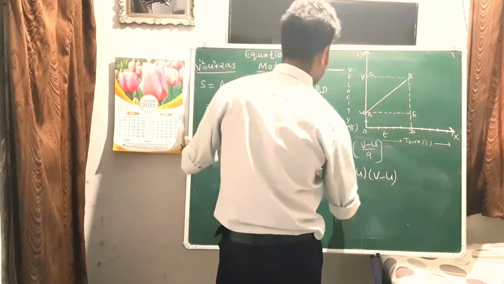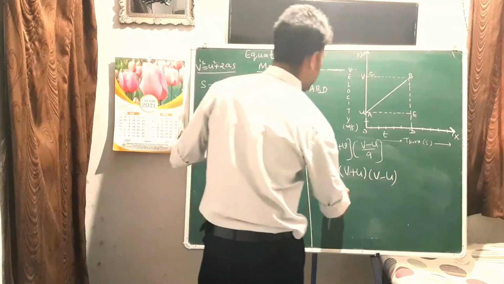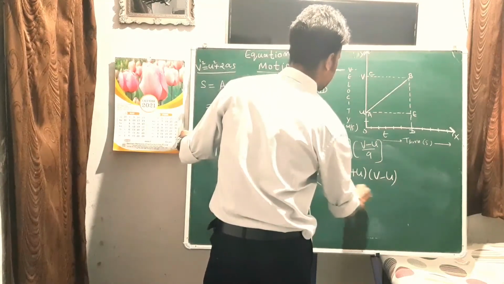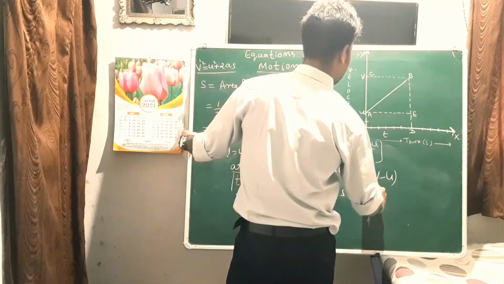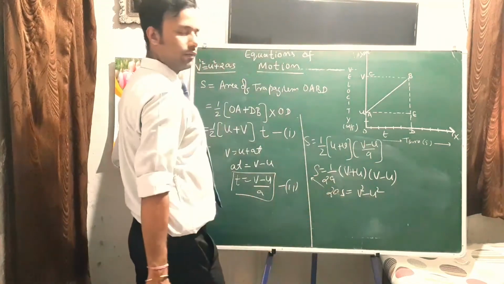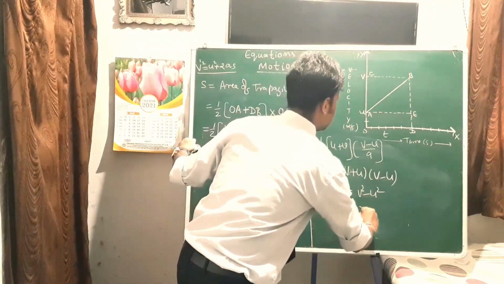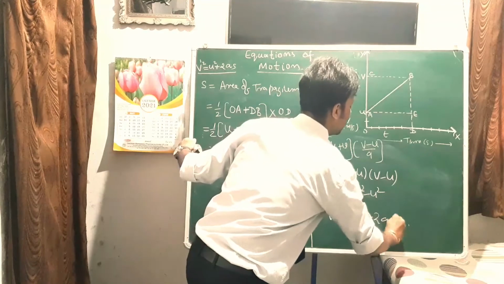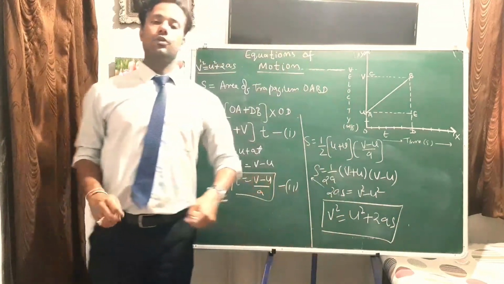So this term will come here by cross multiplication, so 2AS equals V square minus U square. You can send this U square to the left hand side, so this becomes V square equals U square plus 2AS. So this is the third equation of motion.